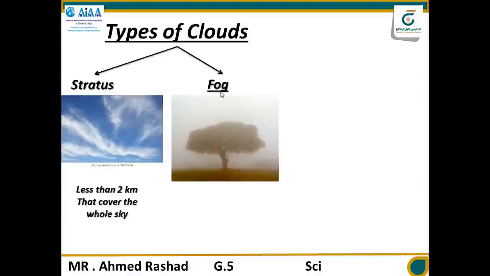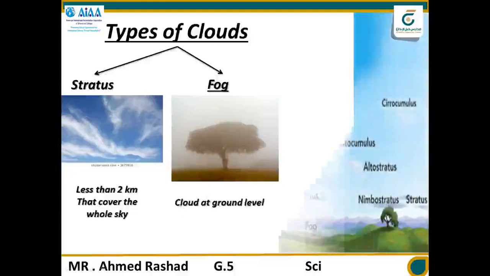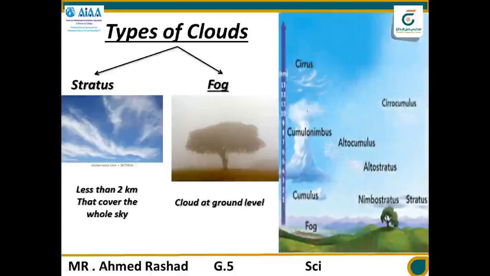And fog, each one of you can see fog in the early morning; it is cloud at ground level. We can watch this figure that describes the different shapes of clouds: cumulonimbus is largest and contains thunderstorms, altocumulus is mid-level, cirrus is above at high elevation, and fog is at ground level.